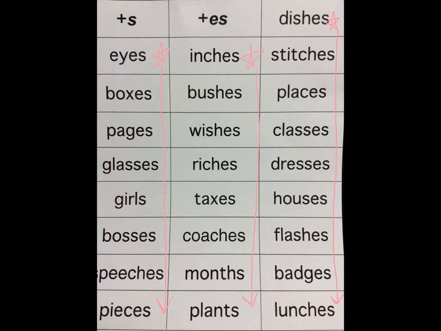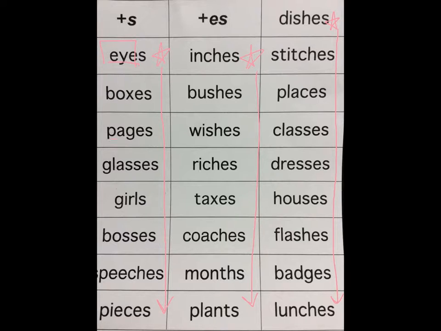So if I look at my plural endings of s, I really want to look at my base words here. When I see just an s on the end, now this can be a little tricky because sometimes our base word automatically has an e on the end, like in the word eyes that I just underlined here. So my base word is eye, so I'm not adding an es onto that word. I'm actually just adding an s.